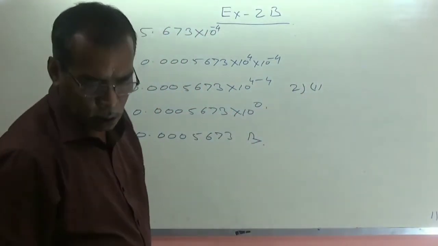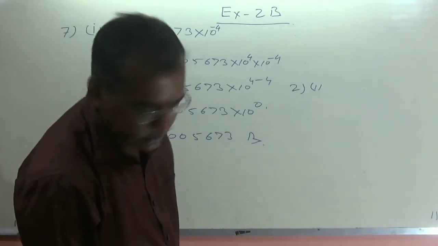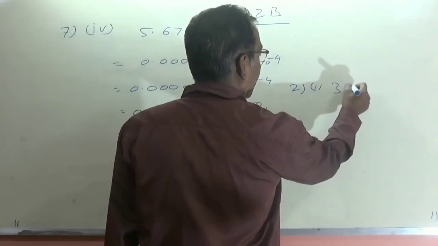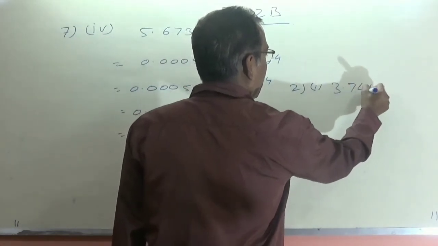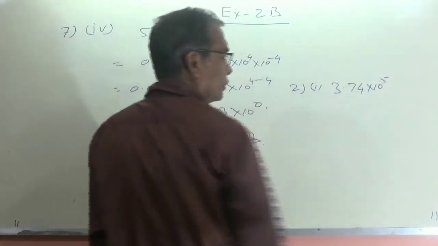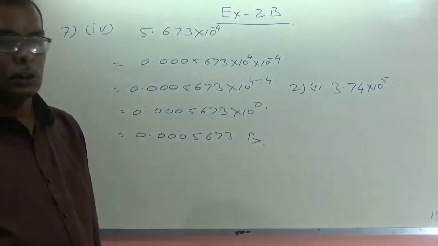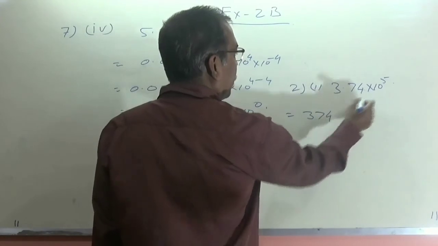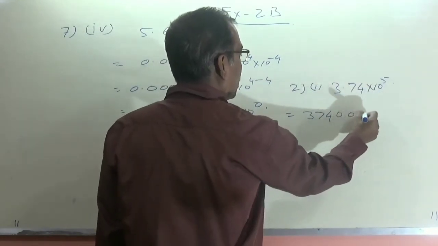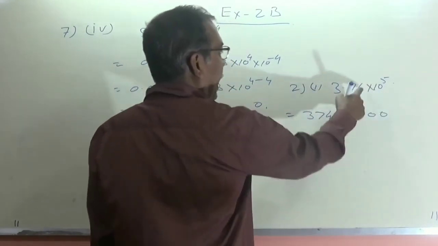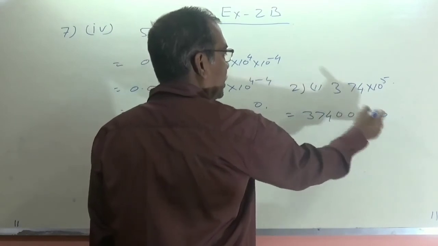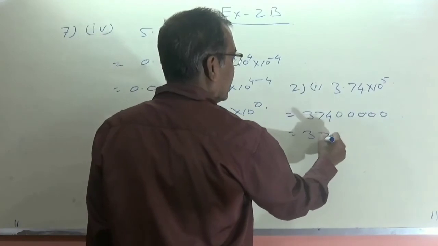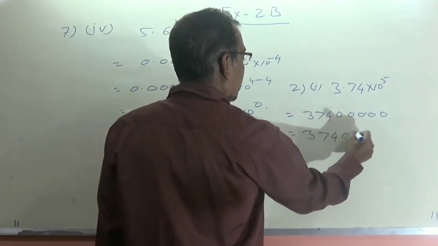Question number 2, the first question, say suppose 3.74 into 10 to the power plus 5. In that case, what we have to do is 374 followed by 5 zeros, 1, 2, 3, 4, 5. And after the 2 digits the decimal is coming, so after the 2 digits you have to put the decimal here. So it will look something like this, 374 followed by 3 zeros. Answer.